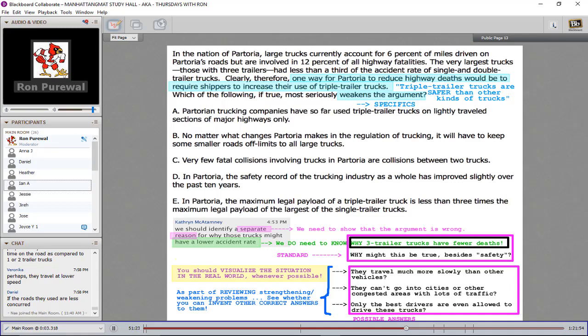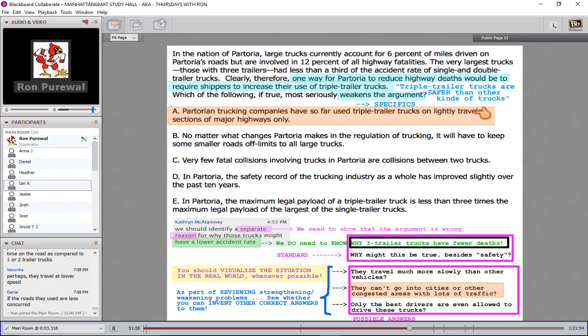Because basically choice A is one of these answers that we came up with. This right here is this: they only use them in the middle of nowhere on major highways, where there's no other traffic. Lightly traveled, meaning there are almost no other vehicles on the road.